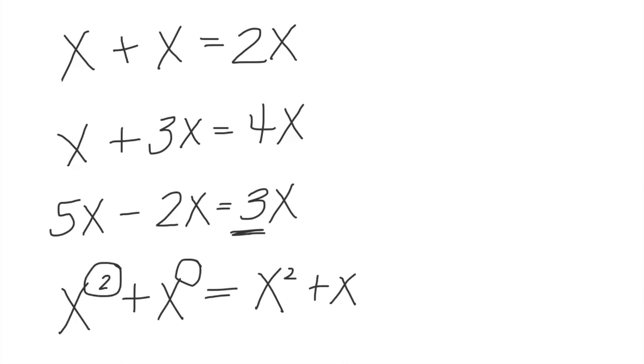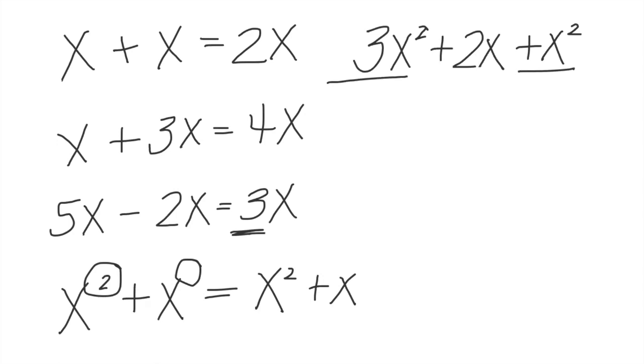So what that means is, when we're faced with, let's say, 3x squared plus 2x plus x squared, we want to combine the ones that have the same exponents and the same variables, exactly the same.